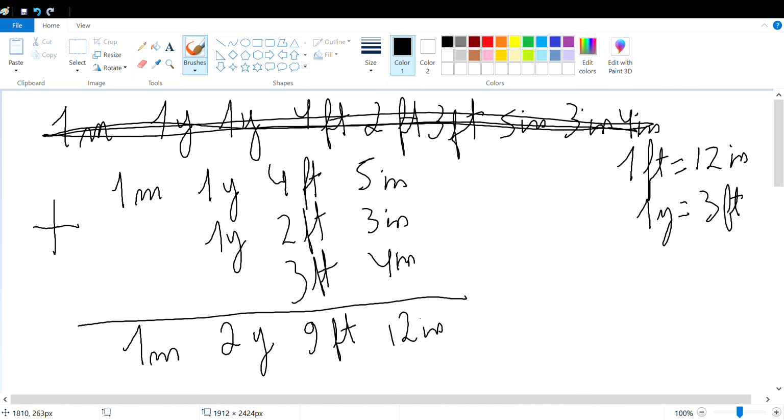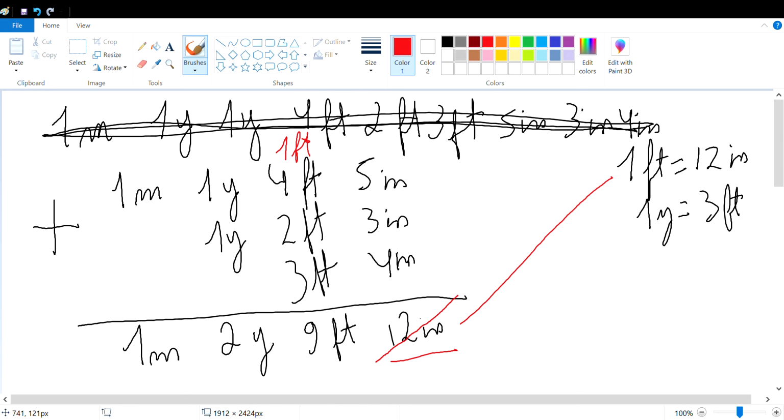First, I'm going to change the color so you can see. First I go to my 12 inches. If my chart says that 12 inches is one foot, I convert my 12 inches into 1 foot. I hope you understand that. So when I convert, this disappears and becomes 1 foot that I put here in the feet column.